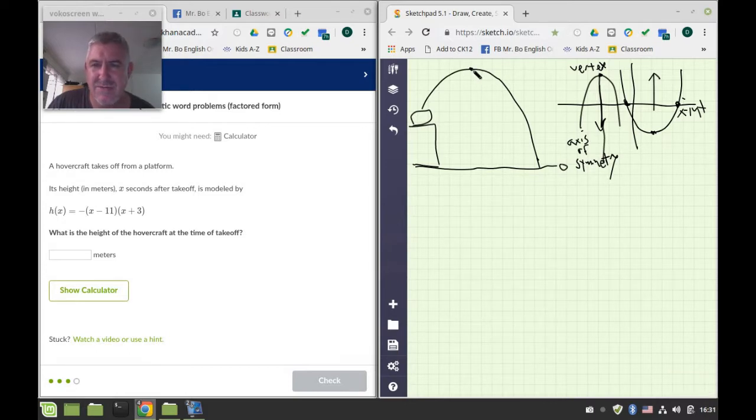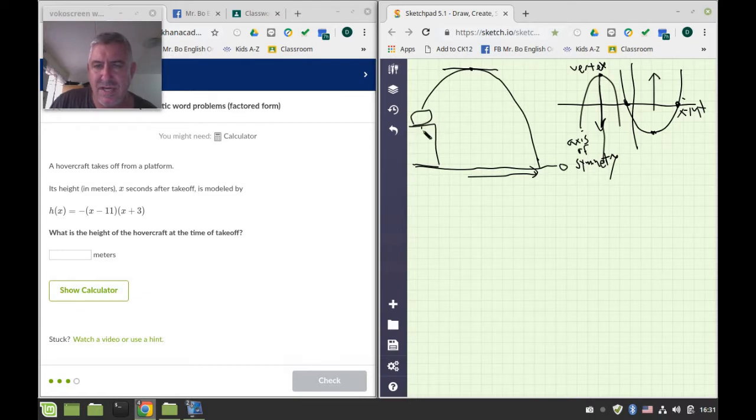We could ask a lot of things, like what time it hits the ground, or how high can it go. But this doesn't ask for any of those. It asks what's the height of the hovercraft at the time of takeoff.